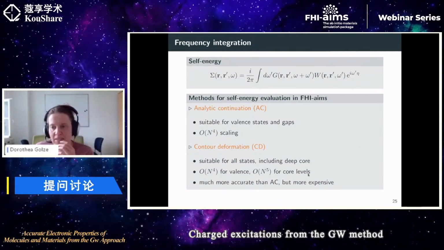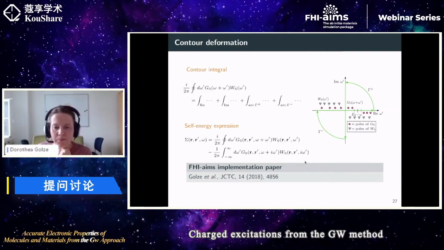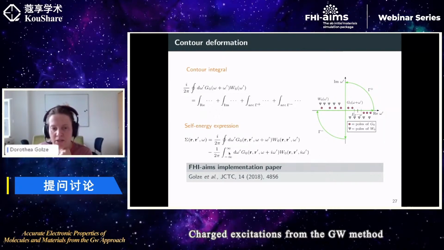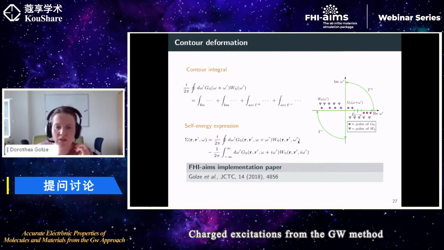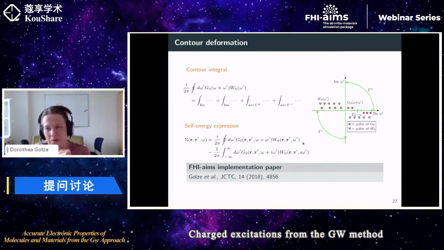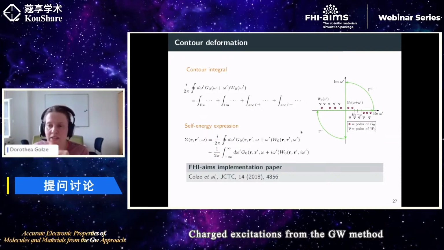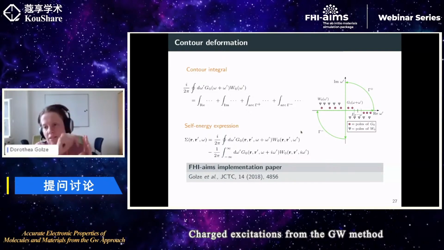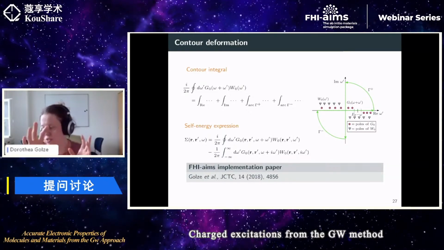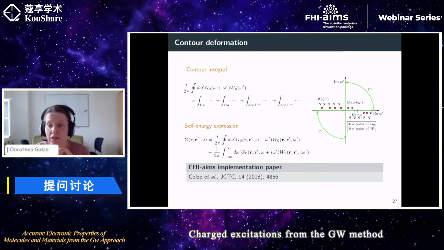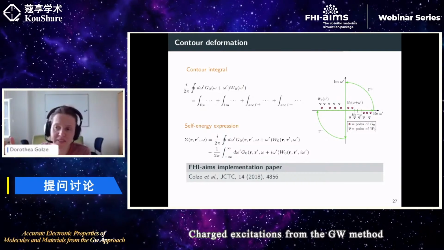So if you have the contour deformation, maybe this is better on this slide, you will see that this term scales as N^4, so that's the integral along the imaginary frequency axis. But this term is basically obtained by applying the residue theorem. So you end up with a sum over occupied states times occupation factors times W, where the argument is epsilon minus omega, times the Heaviside step function.